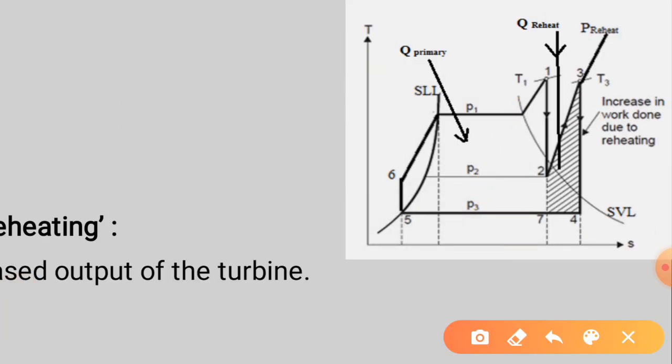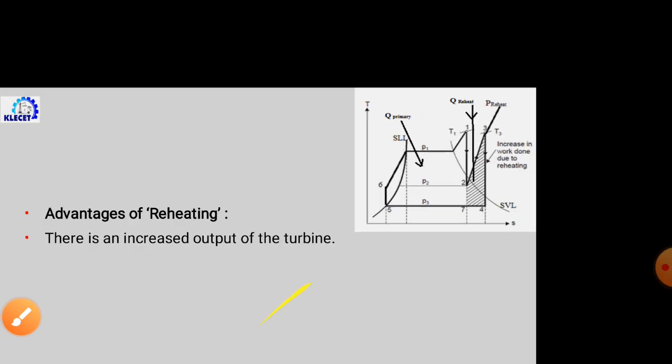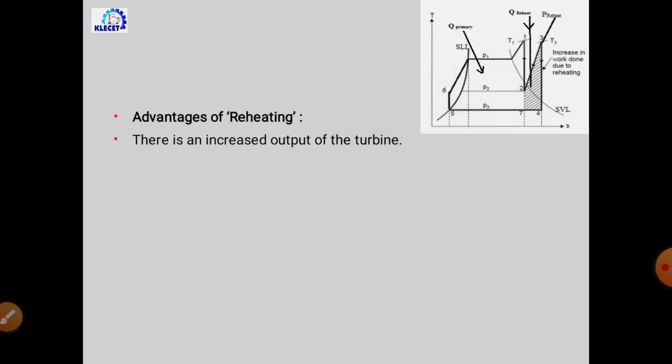This hatched portion is the increase in the net work due to reheating. Because this area 2, 3, 4, 7, that is the area below 2 to 3 process, that is reheating process, indicates the net work which is increased because of reheating. So now this is the advantage of reheating.